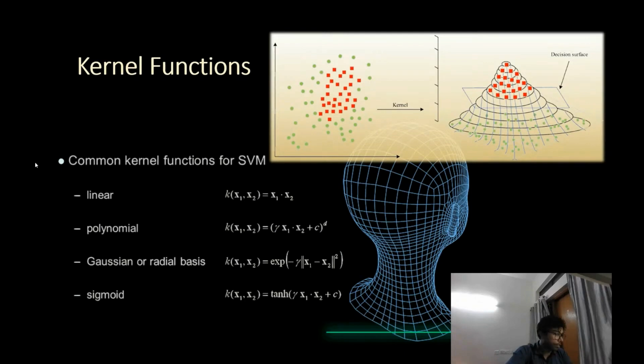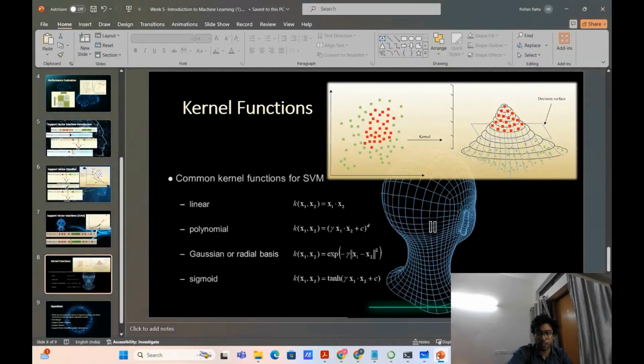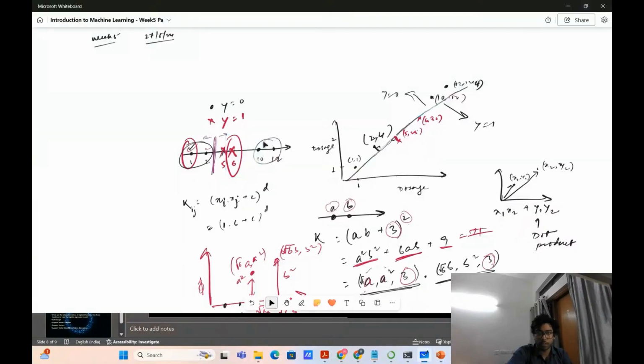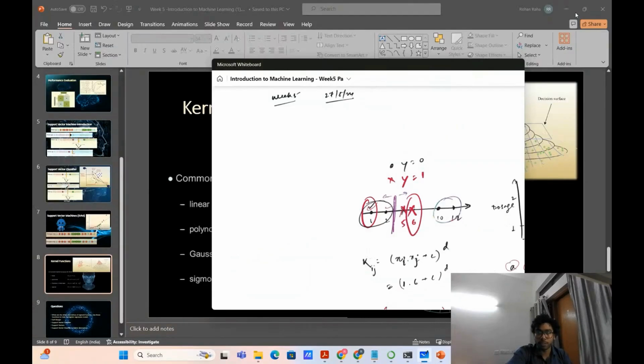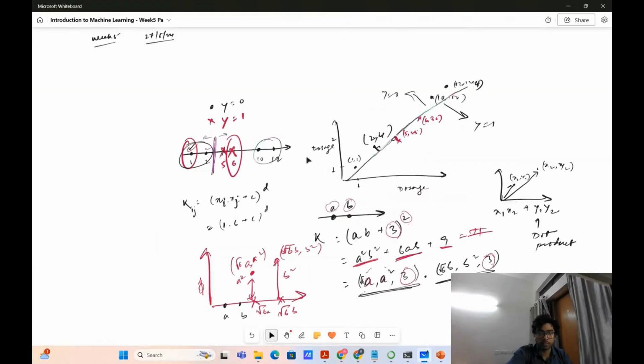Okay, so Priyank is asking why we ignored 3. Where did we ignore 3 in the example? Oh, I see, you mean this 3.